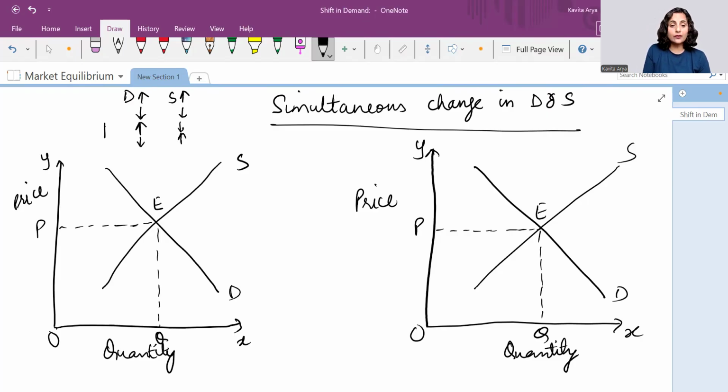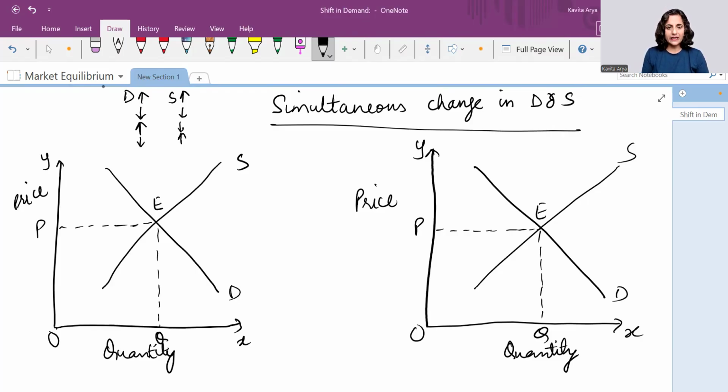So these are the four cases wherein we have to check the impact on equilibrium price and quantity. To understand, let's take two examples wherein both of them are showing the same change, and in one case one of them is rising and the other is falling.